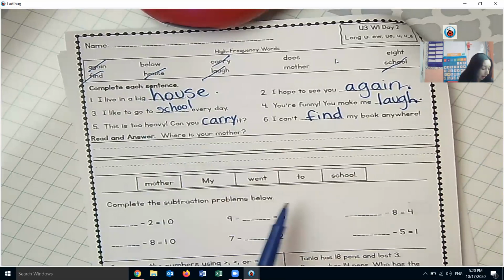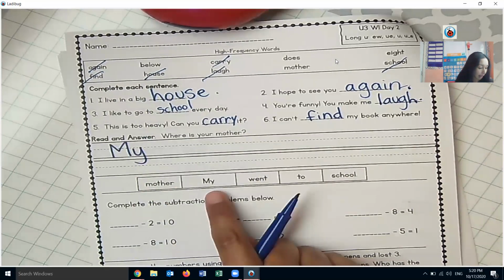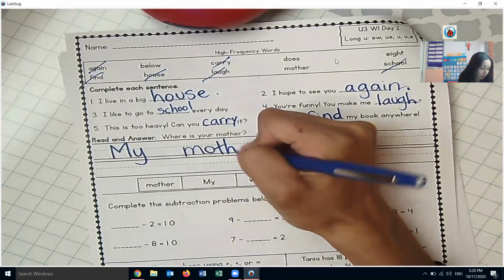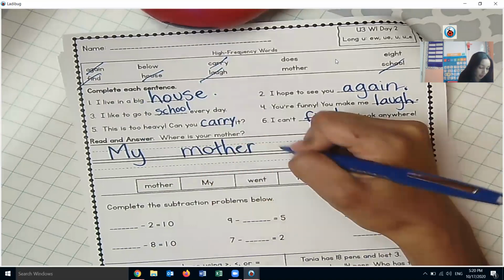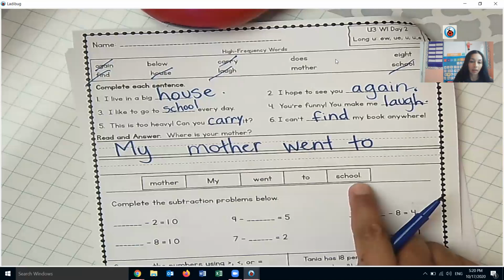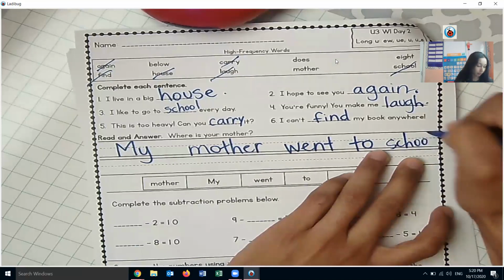So we're going to start off with my, and I can tell that because it starts with a capital M. My mother went, and I can tell that school is going to be the last word because it ends in a period. My mother went to school.